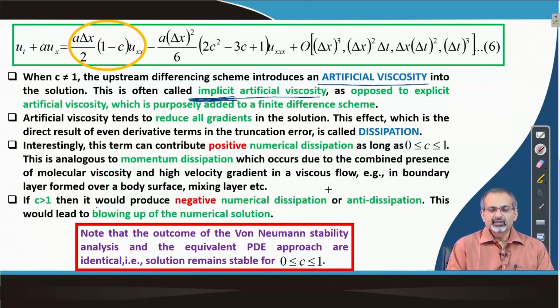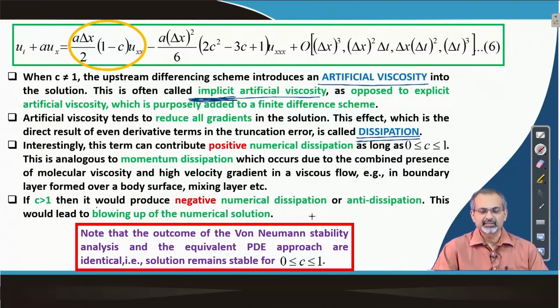Now, what would this do? This would introduce dissipation. It is going to reduce the gradients in the solution. This we have seen when we have talked about, say, elliptic partial differential equation.